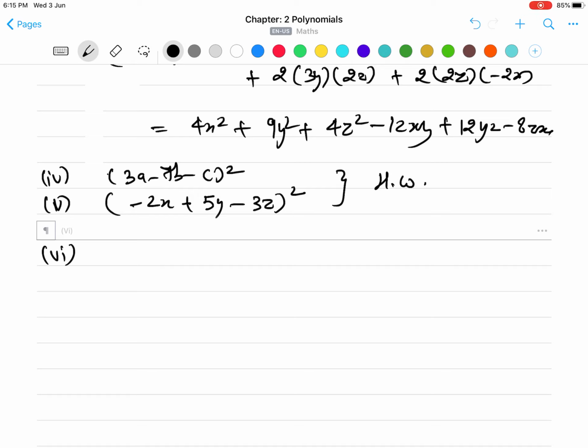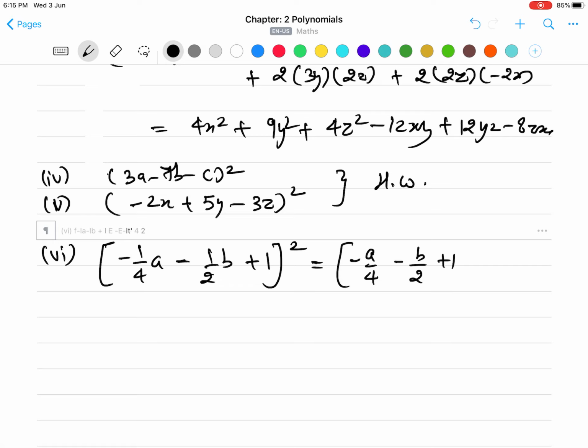So let's do part 6 of question number 4. We have (1/4 a - 1/2 b + 1) whole square. We can write this as -a/4, and -b/2, plus 1 whole square.